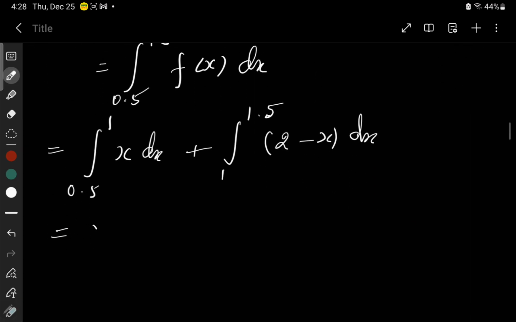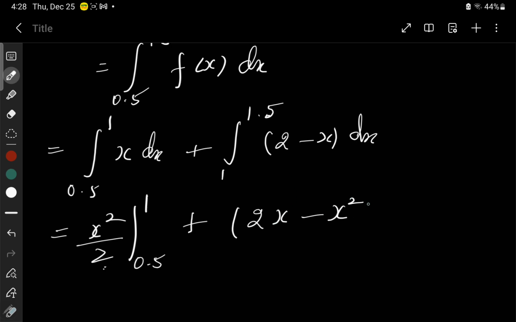So this is equal to x squared by 2 from 0.5 to 1. If you integrate x power 1, you add 1, so x squared by 2. The degree must be in the denominator. Plus 2x minus x squared by 2 from 1 to 1.5.